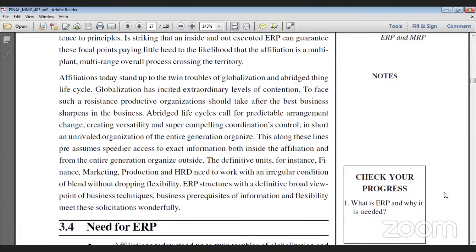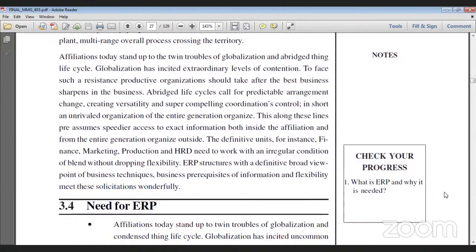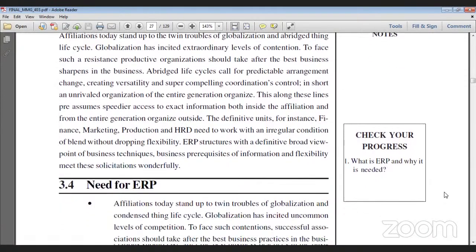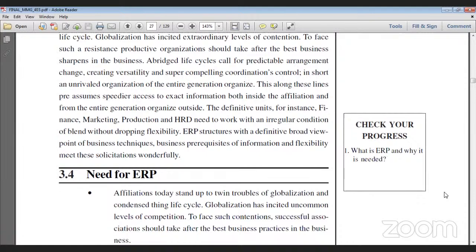And the next point is, what is the need of ERP? Need for ERP here. Affiliations today stand up to twin troubles of globalization and condensed life cycle.